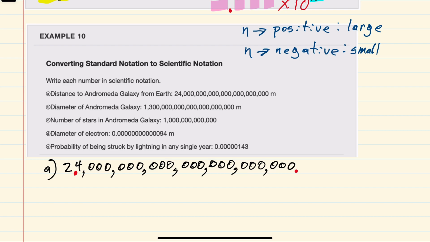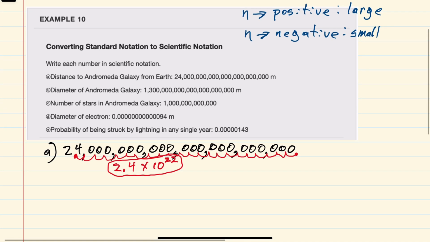In scientific notation, this would be written as 2.4 times 10 to some power. And since I know I'm working with a very large number, and I can count the number of movements to get from the original to the new position, counting, I can see that that is 22 digits to the left that it has been moved.